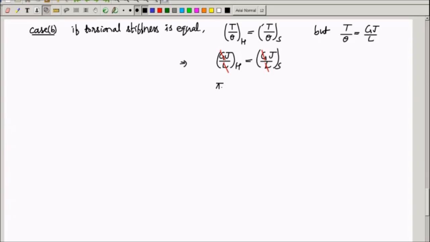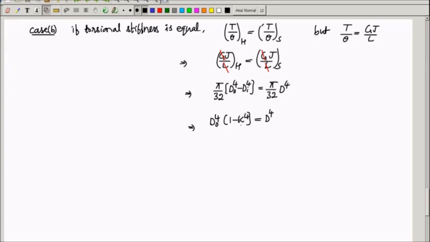For hollow shaft it is pi by 32 into d naught power 4 minus di power 4. For solid shaft it is pi by 32 into d power 4. Again, if you take d naught power 4 outside, it becomes d naught power 4 into 1 minus k power 4, equal to d power 4.